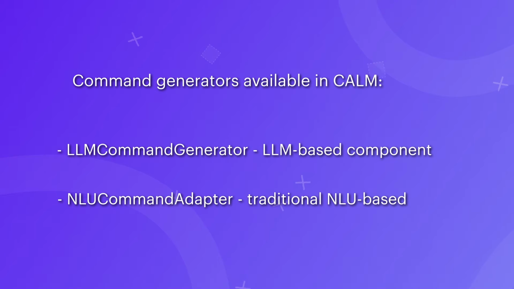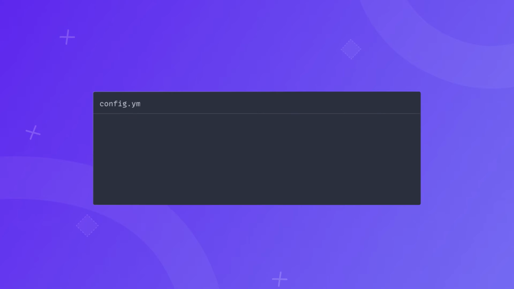The beauty of Calm and everything else developed by Rasa is that you can customize the vast majority of the components to fit the needs of your project. You can use any OpenAI model that supports the chat endpoint, such as GPT-3 Turbo or GPT-4 and others. You can configure LLM Command Generator in your config.yaml file as follows.